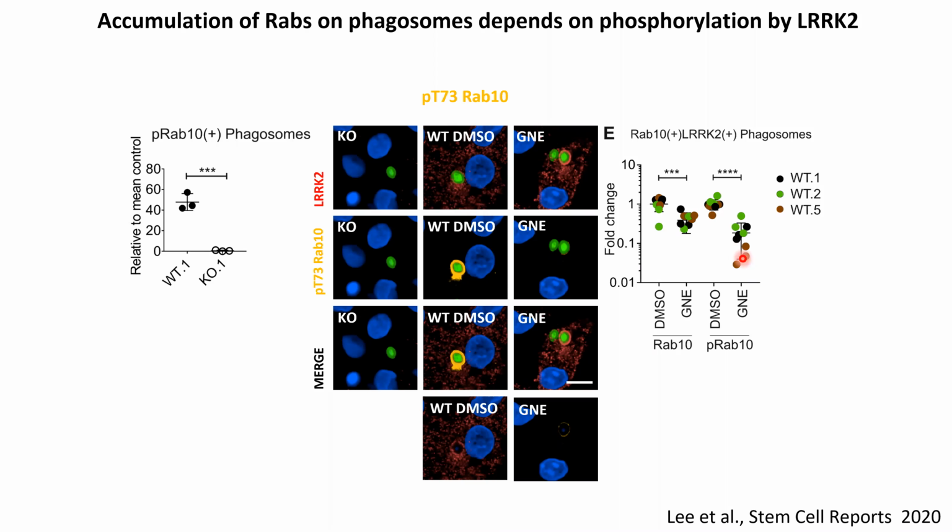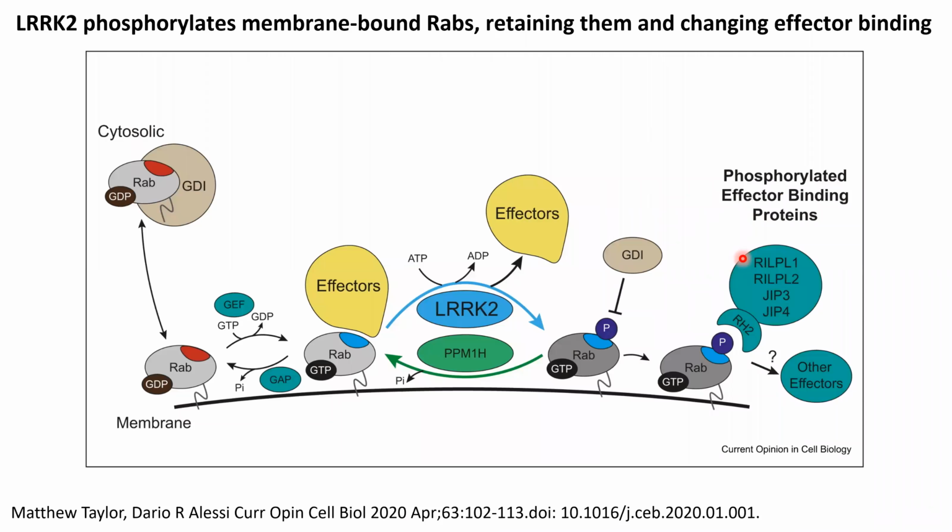So to summarize all of this, well, luckily it's been done by others who have worked on very specific parts of the pathway as well. LRRK2 is clearly phosphorylating this subset of RABs at the phagosome membrane.